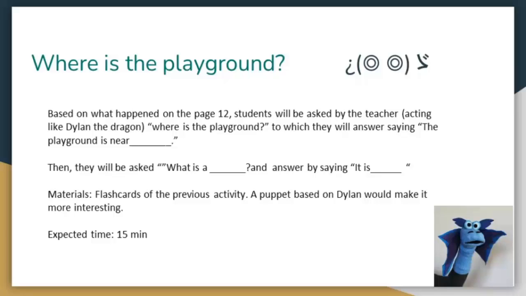Then they'll be asked what is in that place, and they'll answer by saying it is, using the description they found in the previous activity. The materials are the flashcards used in the previous activity, and to make it more interesting, a puppet based on Dylan, like this one that I have in the corner of the slide.